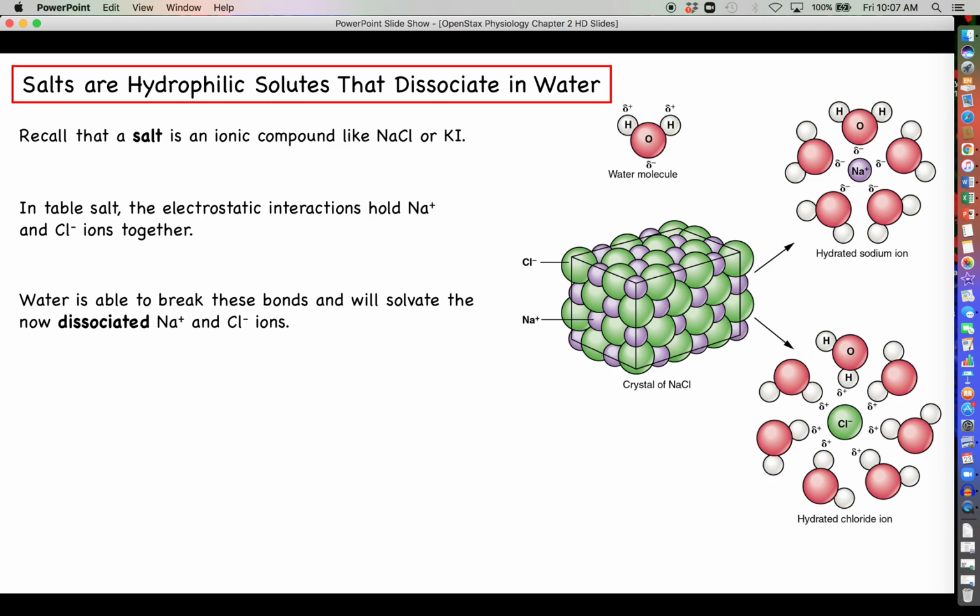And now, instead of having intact sodium chloride units, you are going to break them apart so that you no longer have any intact sodium chloride. What you're going to have now is a solution that contains sodium ions and chloride ions.